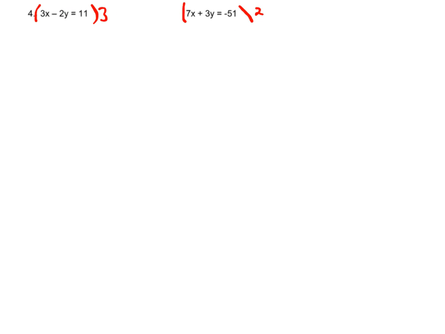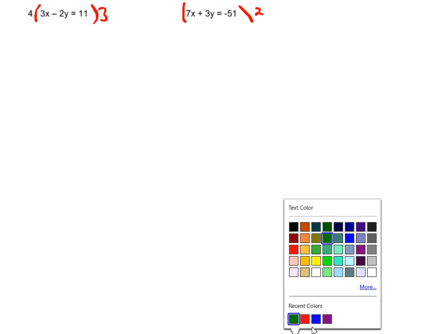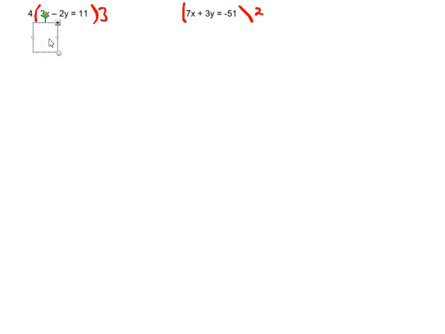When I multiply all this out, I wind up with 9x minus 6y is equal to 33, and I wind up with 14x plus 6y equals negative 102.